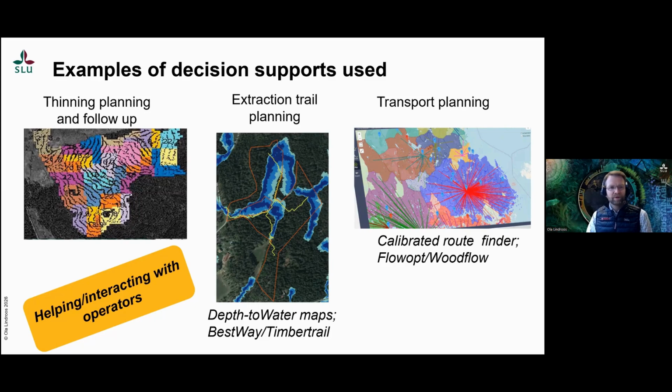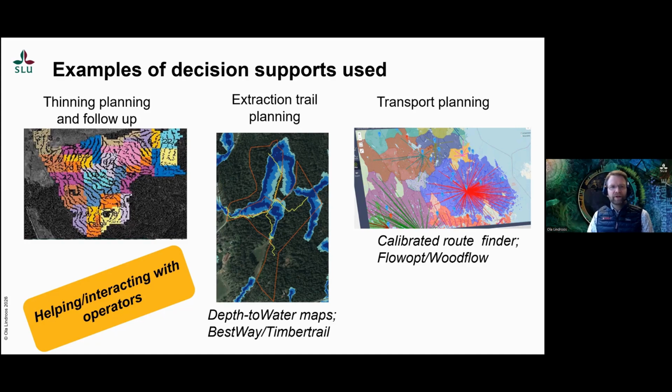But now it's possible to do more detailed maps about what kind of thinning should be done in different places, depending on how the trees have grown as a response to variation within the stand, to do a little bit less thinning in one area and more in another, and then it can also be followed up and supported during the actual thinning operation. So the operator has real-time information about how much has been removed and how much should be continuously removed, or if it is okay as it is.